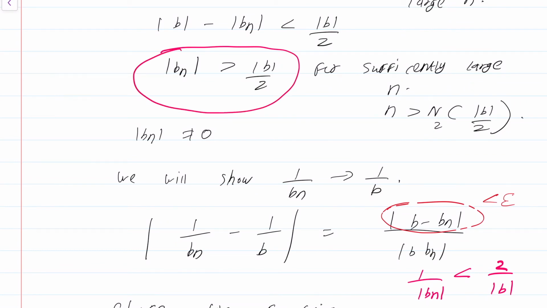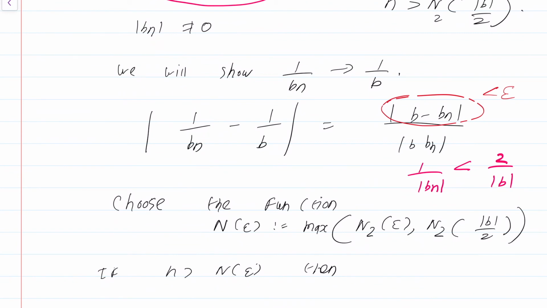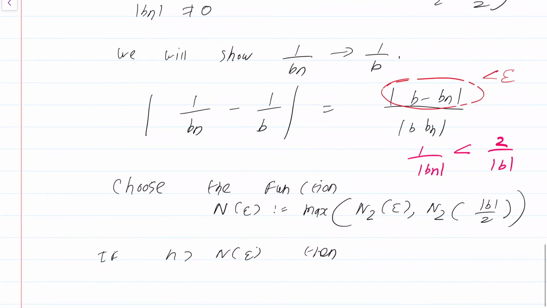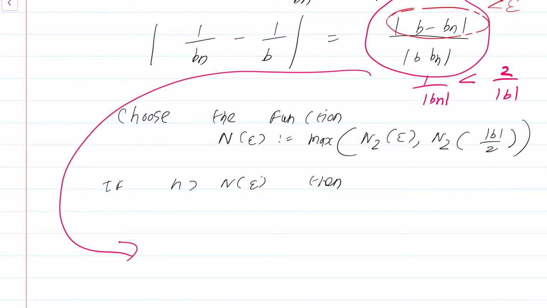If mod Bn is greater than mod B by 2, 1 by mod Bn has to be less than 2 by mod B, which means this whole quantity will be less than 2 epsilon by mod B squared.